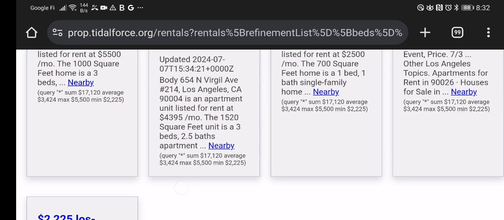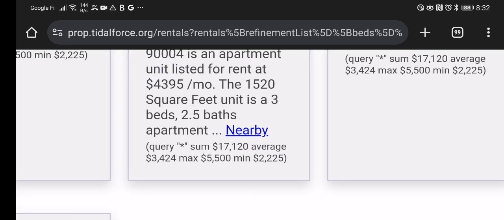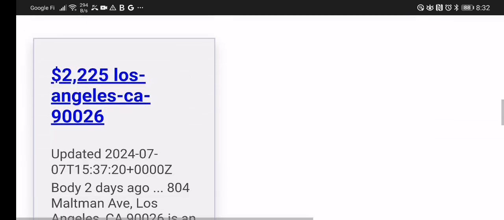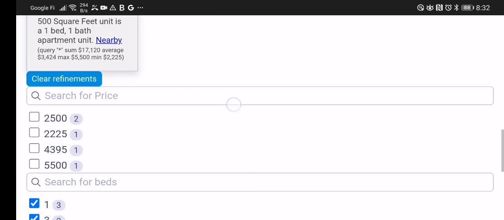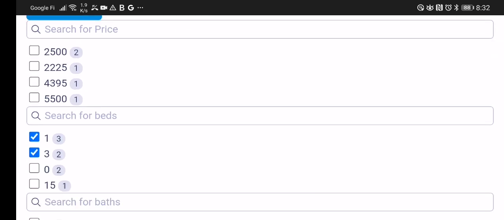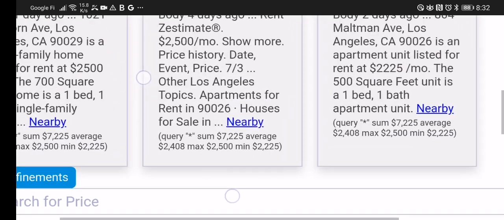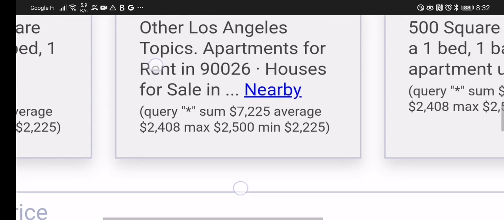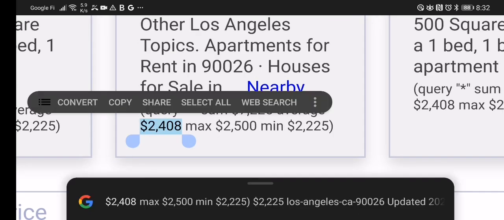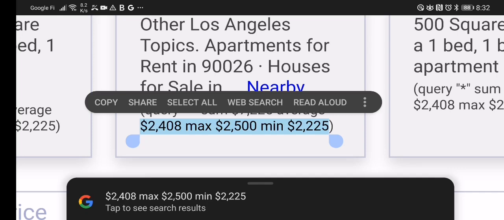So if we look at the averages, the min and the max, the average is around 3,000. So let's compare apples to apples and just get rid of the 3 beds and see, now see the price is narrowing right there.